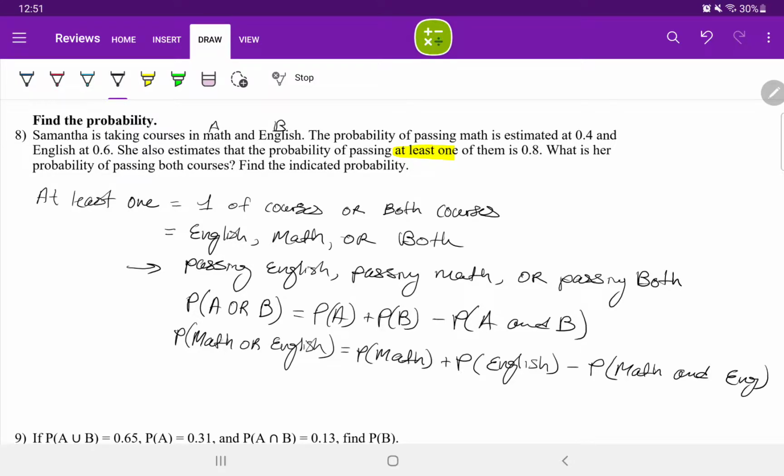Now remember, math or English or both. This right here represents the at least one. So this is 0.8.